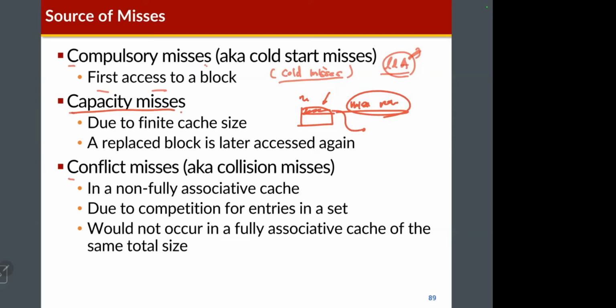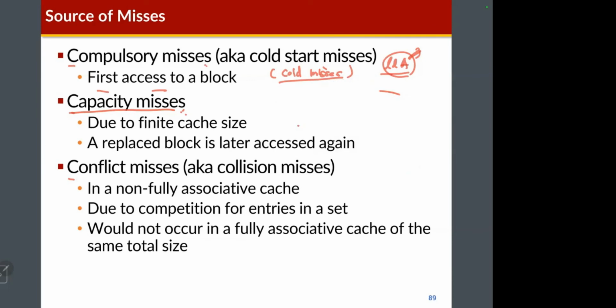So if the cache size is small, the miss rate can increase. If we use a larger cache, we can reduce the miss rate. This kind of miss is caused by the limited size of the cache, and it is called a capacity miss.